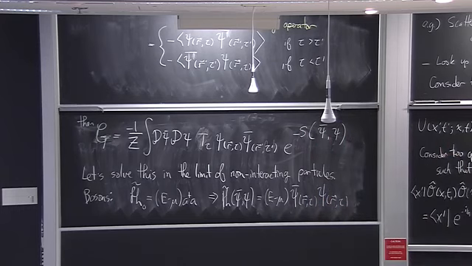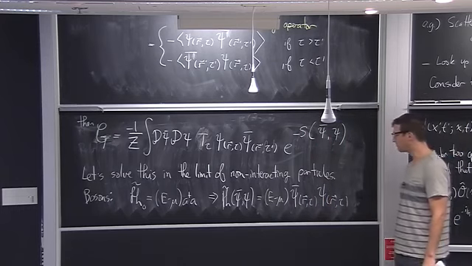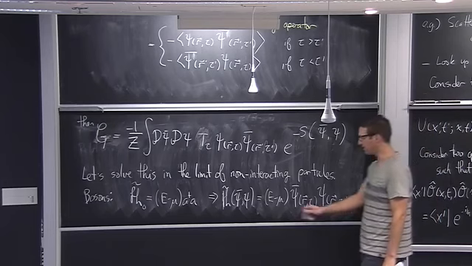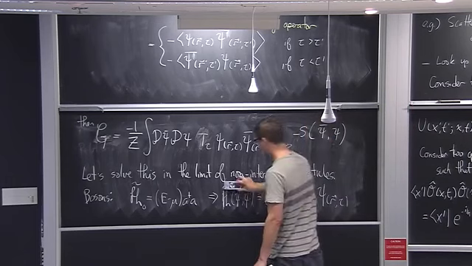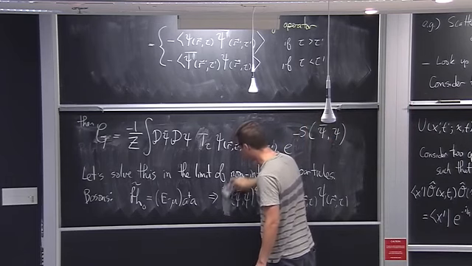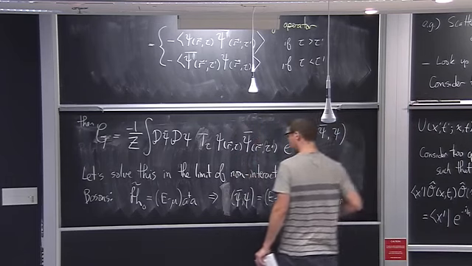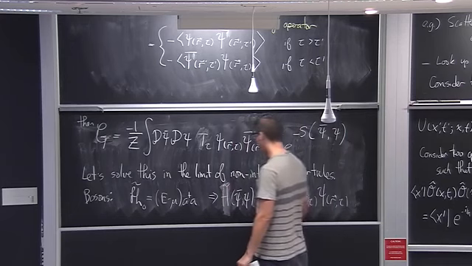And since it's the same operator, it's just the field and its conjugate at R and tau. That's an H. I don't know why I committed to these curly H's early on. H tilde.